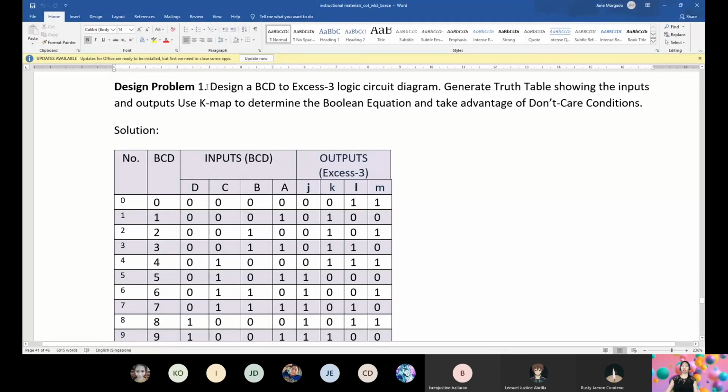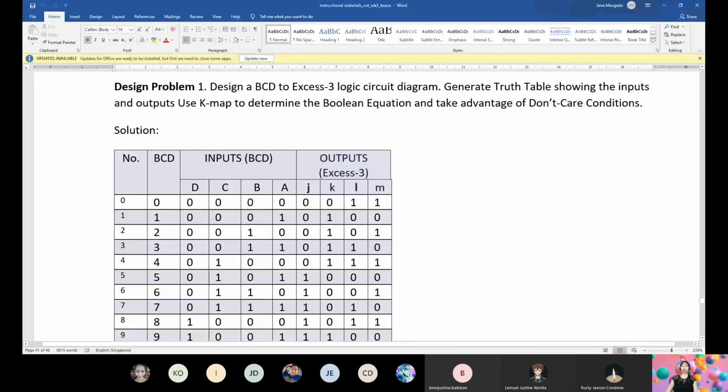So digital, it's either on and off, 0 or 1, go or no go. Ito yung output. So these are the possible combinations. Let's have a first design problem.